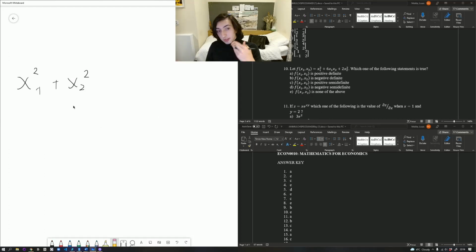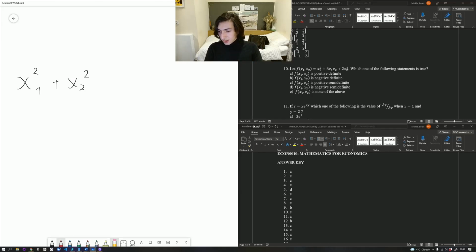So what we essentially say here is that it's not any of the above, because it's not always positive or non-negative. A reminder: positive definite means that the determinant must be always positive. Positive semi-definite means the determinant is always non-negative. Now there's a distinction here.